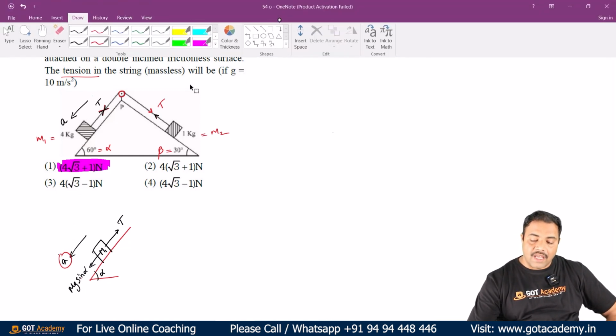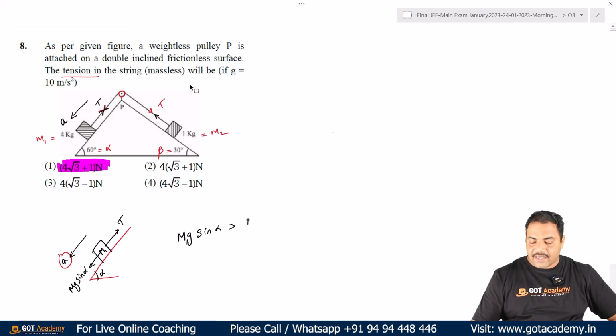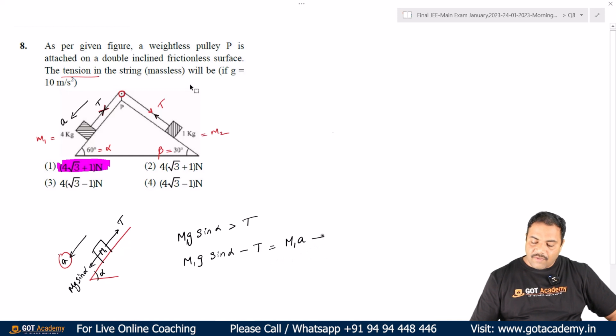Here the downward force is M1g sine alpha, which is greater than tension T. Our logic is that bigger force minus smaller force is equal to mass into acceleration. So this is equation 1.